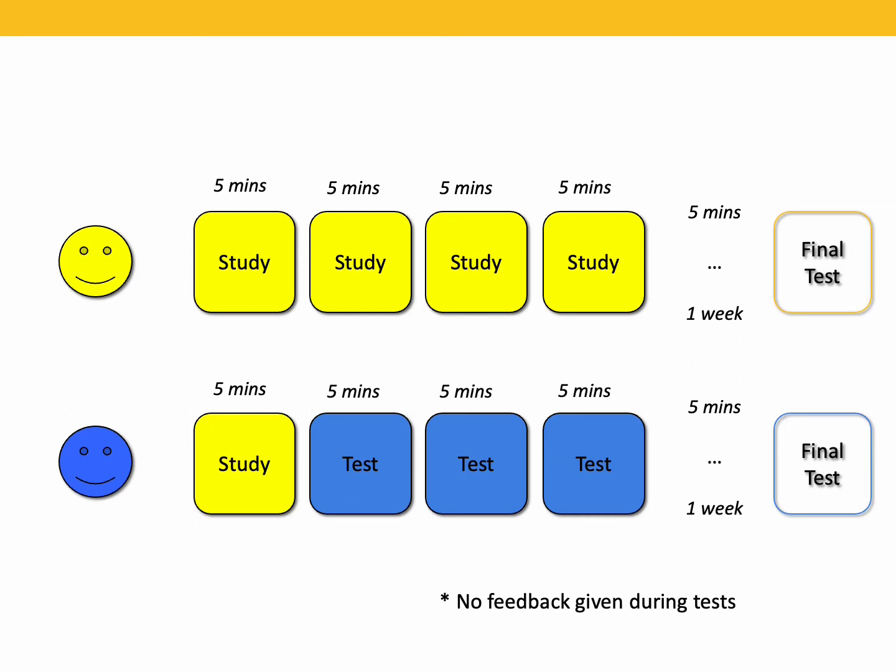So the difference between the yellow group and the blue group is that the yellow group read the passage for 20 minutes, whereas the blue group read the passage for 5 minutes and then took successive tests on the passage for 15 minutes. And in both cases, no feedback was given on the test.